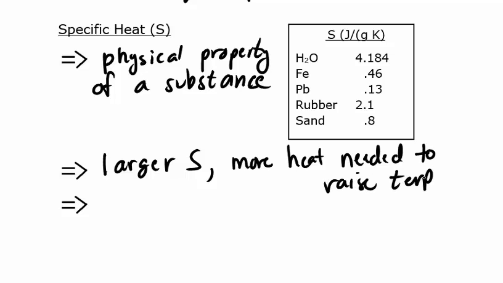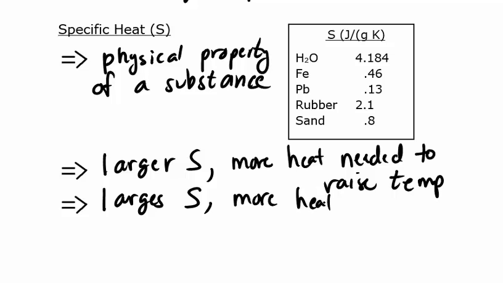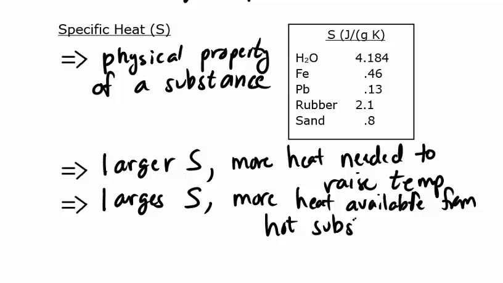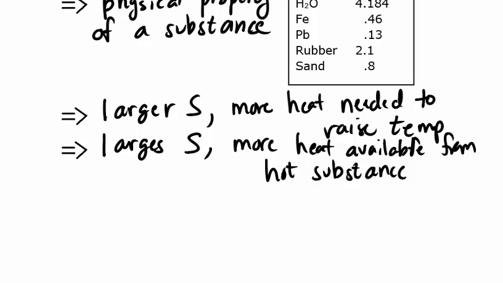So if you take a certain amount of that substance and try to raise it to a certain temperature, it's going to take more heat if the specific heat is larger. It also means that if you have a larger S, larger specific heat, that more heat is available from that hot substance. So essentially think of it like a heat reservoir, and the higher the number, the more it can hold.